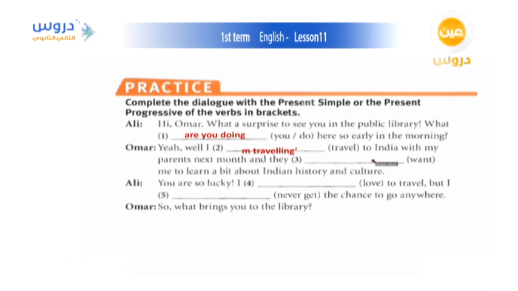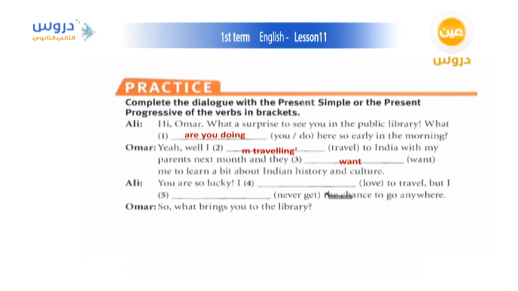Yes. Okay, they want, because we don't say they wanting. Why? Because it's a stative verb. Want, no ing, always in the simple present. Good. They want me to learn a bit about Indian history and culture.